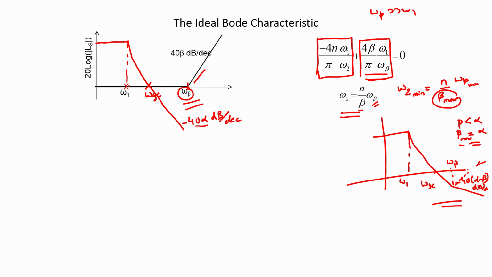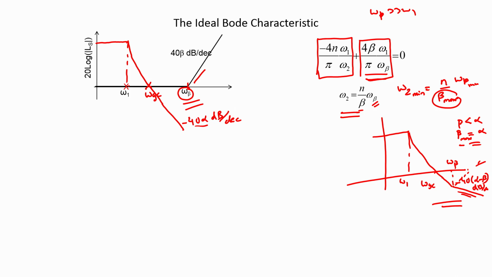Likewise, when we have to determine the minimum possible value for omega beta, we note that if omega beta is less than omega gc, then the part of the magnitude characteristic between omega beta and omega gc would roll off at a much lesser slope, namely at minus 40 times alpha minus beta decibels per decade, and that would cause the gain crossover to happen at a much higher frequency than what is happening now.